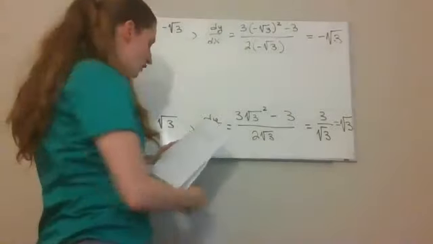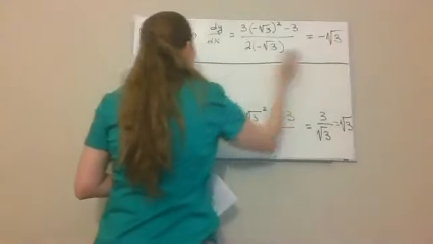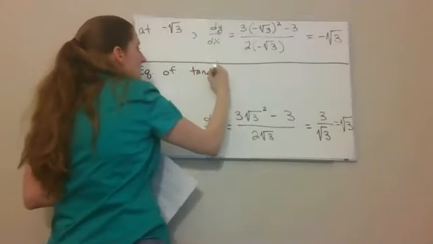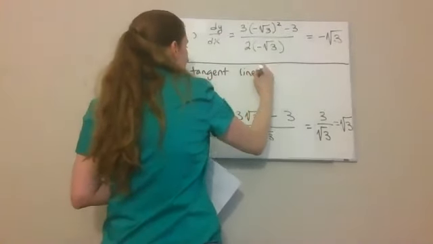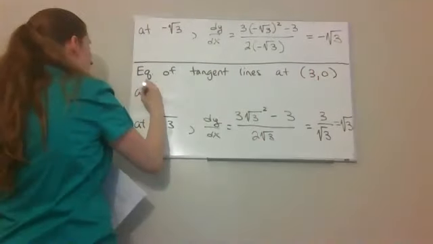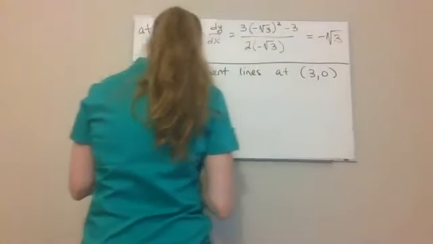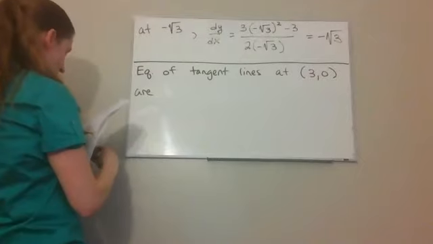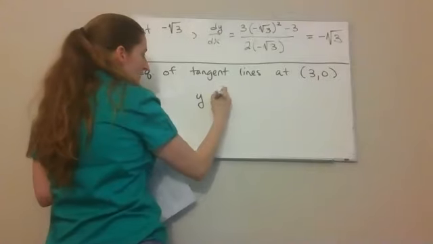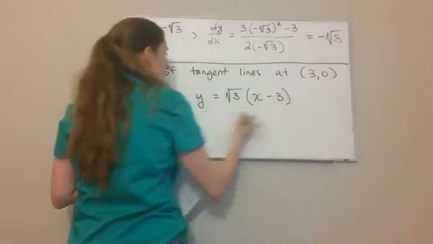And now I can write the equations of the tangent lines. The equation of the tangent lines at the point (3, 0), we can get by using our point slope form. I would get y minus 0 equals my slope times x minus 3.